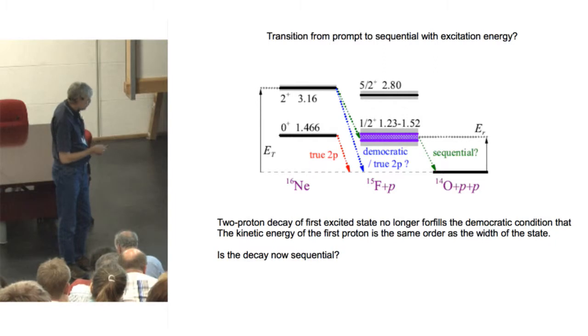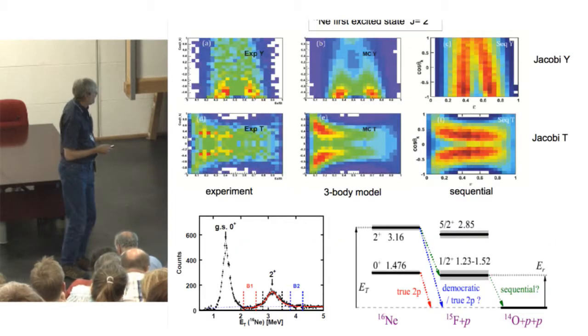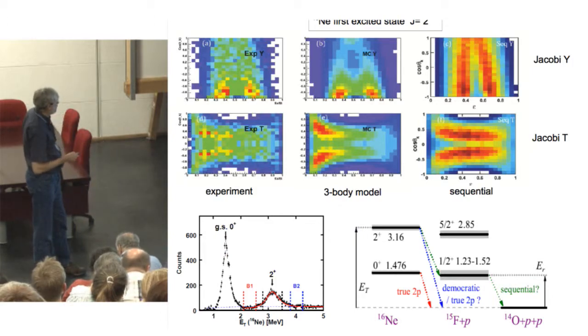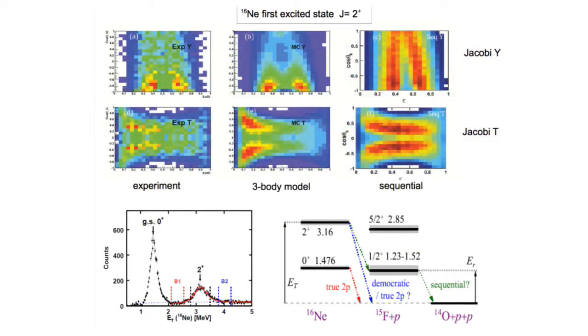So we went to look to see whether we were seeing sequential decay. Here is the experimental correlation function, and let's just concentrate on the Y. And you see, as I pointed out, when you have sequential decay, you should have two ridges, right? And here's our matrix calculation of a sequential decay through this intermediate state, and you see two ridges.